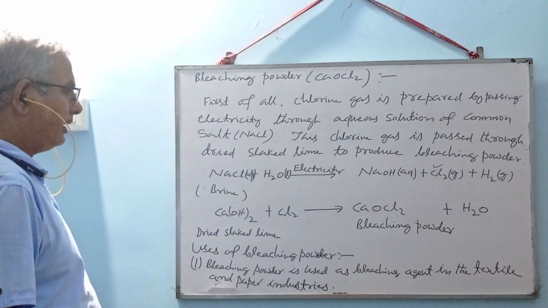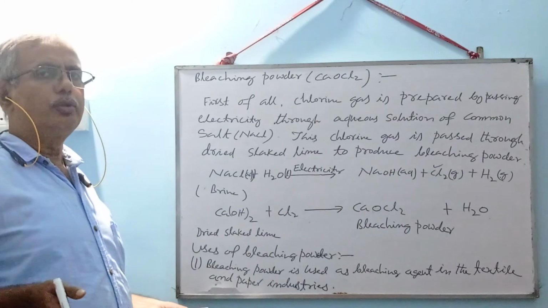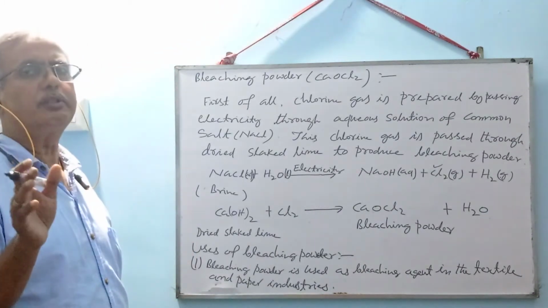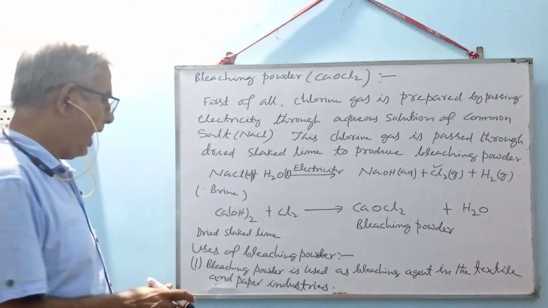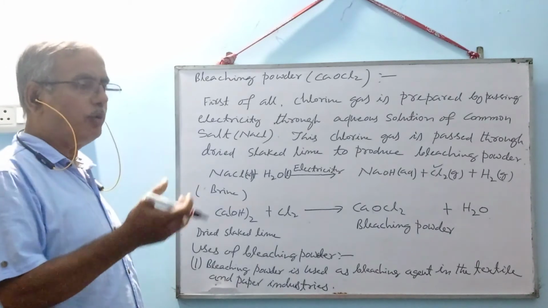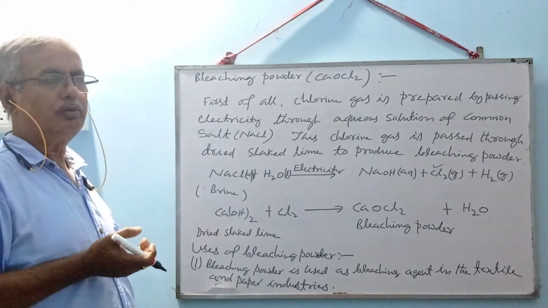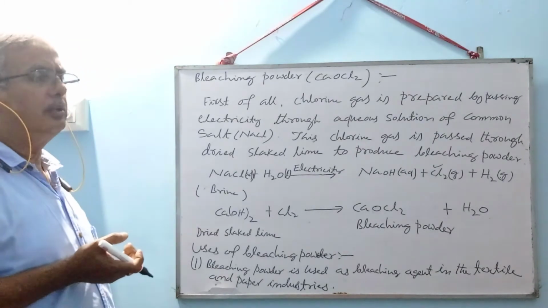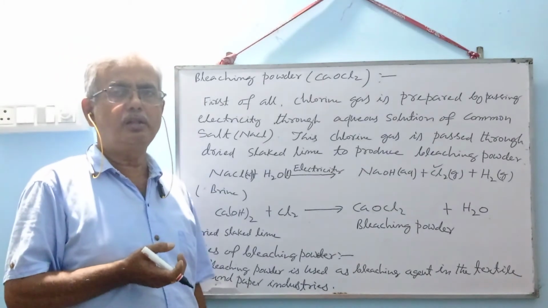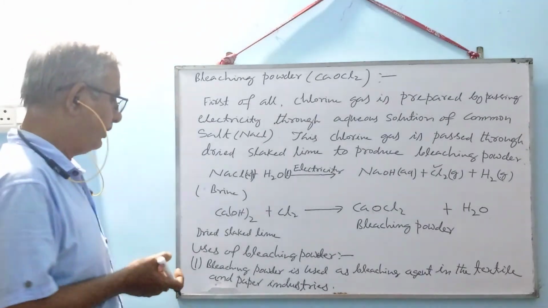In the textile industry, the clothes are prepared. There, bleaching powder is used to bleach out the cotton. And in the paper industry, paper is made from wood and bamboo, from which pulps are collected. That is also not white in color, so you have to bleach out the darkness or color of the pulp.